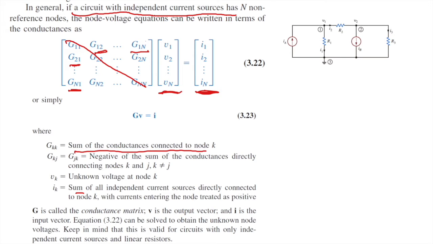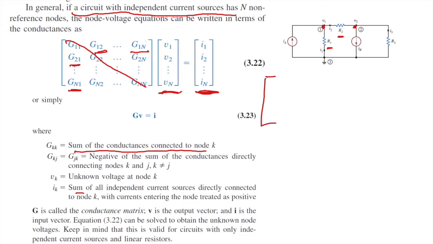So let's take a look at this very simple example. In this example, we have node 1 and node 2. Let's write this in matrix form. For node 1, R1 and R2 are connected to node 1, so the conductances are 1 over R1 and 1 over R2.